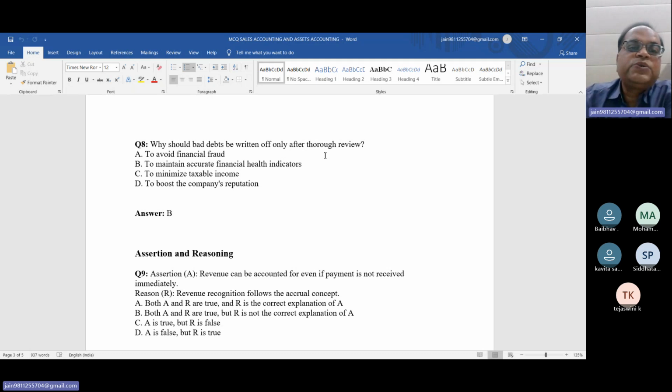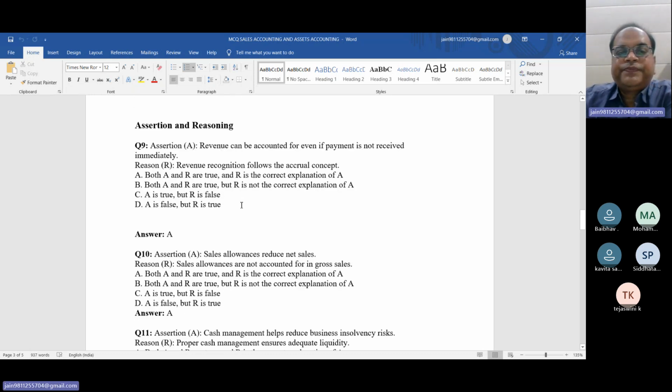The question is, why should bad debts be written off only after thorough review? To avoid financial fraud? Not. To maintain accurate financial health? Yes, it should be. To minimize the taxable income? No. To boost the company reputation? No. So the correct answer is B.